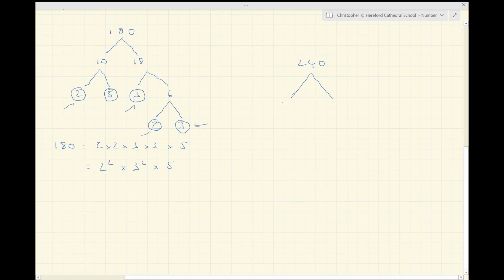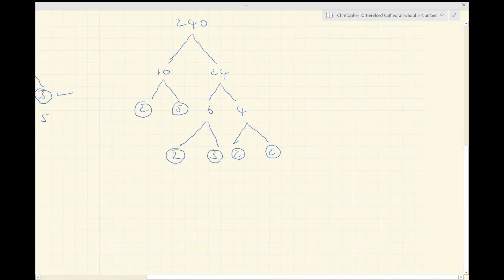Okay, 10 times 24, I'm going to do. 10 is 2 times 5, and both of those can be circled. 24, I'll do that as 6 times 4. The 6 will become 2 times 3, and the 4 will become 2 times 2. There we go.